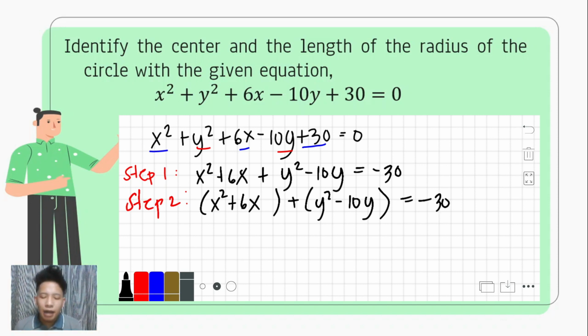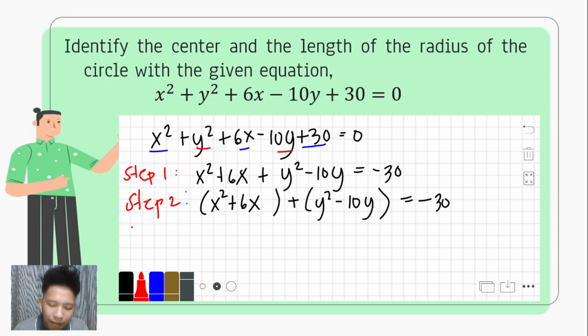Okay? So, in transforming the general equation of the circle into its standard form, what we're going to do is for us to what? To make these groups the square of a binomial. And for us to do that, what we're going to do is to apply completing the square.